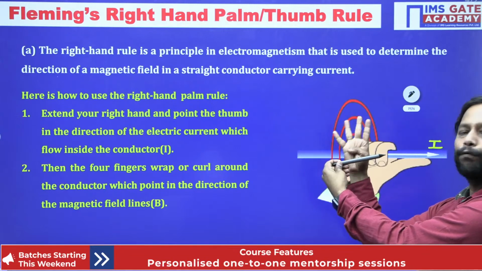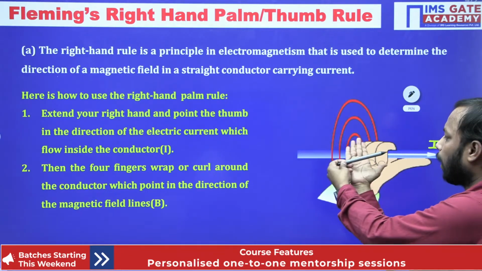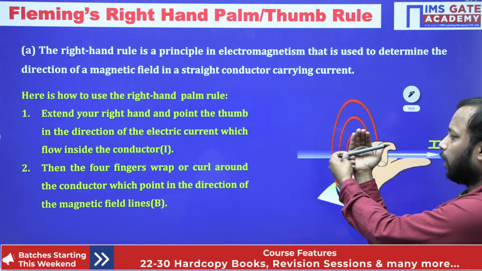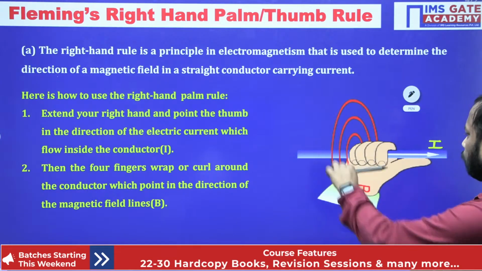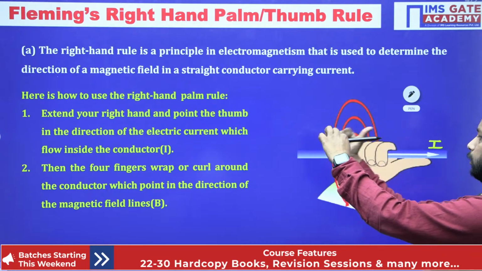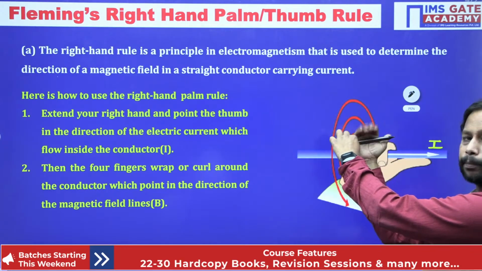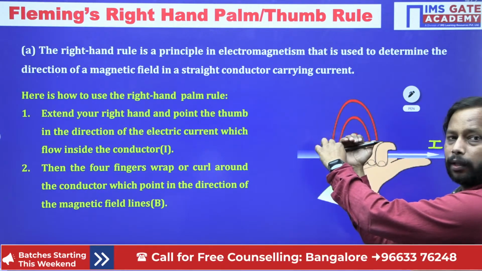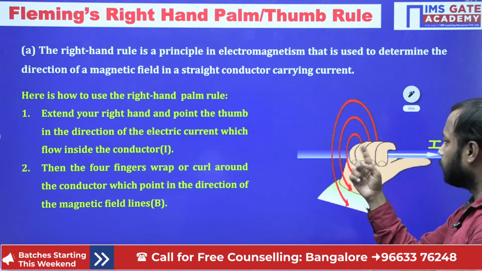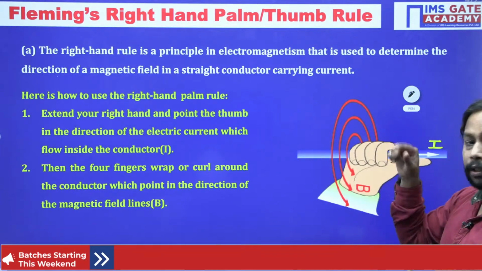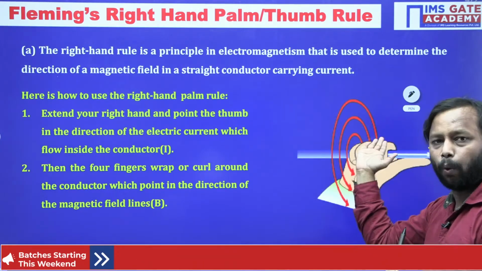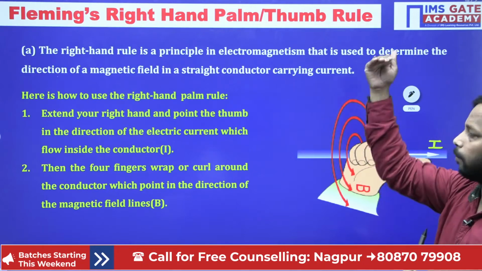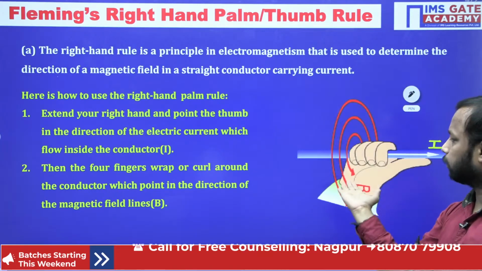Now this forefinger will wrap in such a direction that it gives you the magnetic field. So see, this is the conductor, this is the current direction. When you wrap this, the movement of this forefinger is such that it goes inward, inside the board, and comes outward towards you, like this.